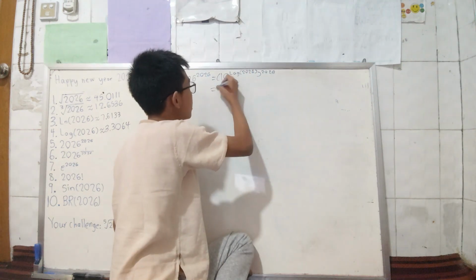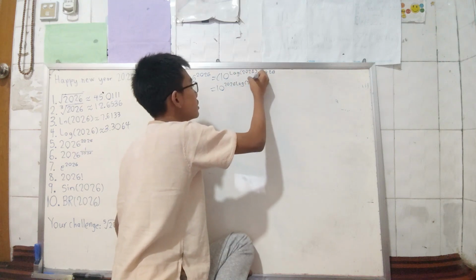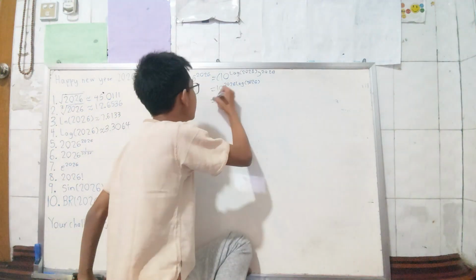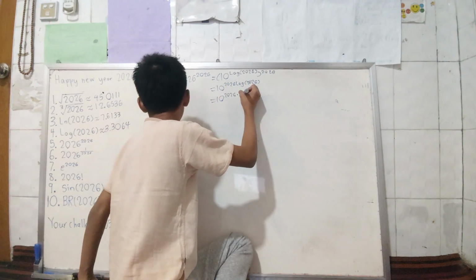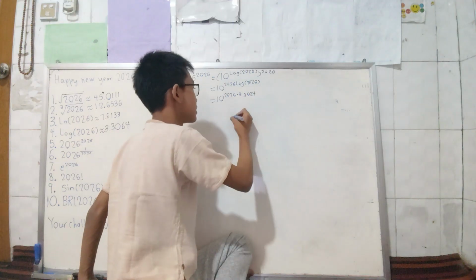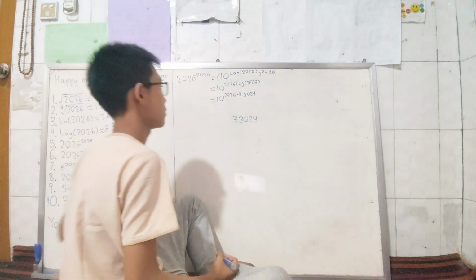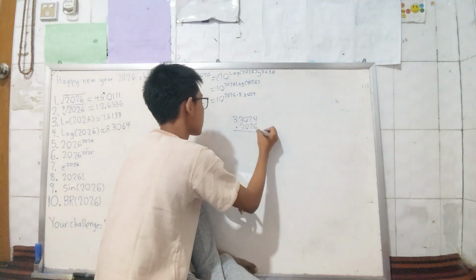So we will get 10 to the 2026 times the log of 2026. But since we already have this, we can calculate 2026 times 3.3024. Let's calculate 3.3024. We're going to multiply by 2026.